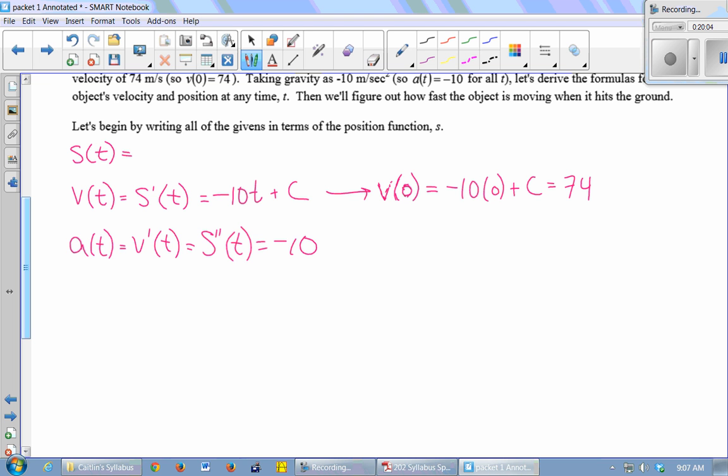Okay, so this term just goes away, and you get c is 74. So now I have v of t is negative 10t plus 74.